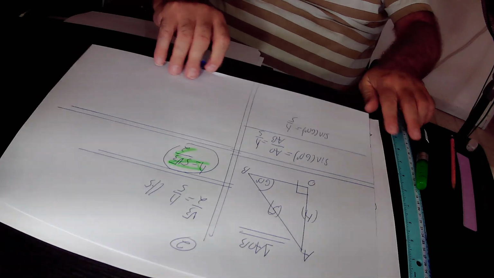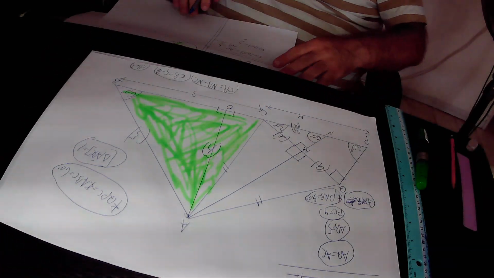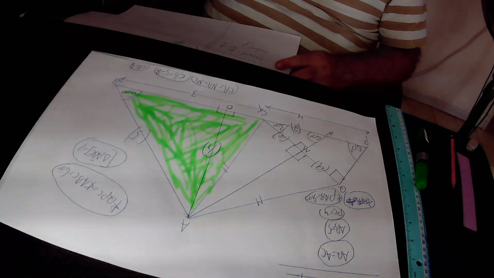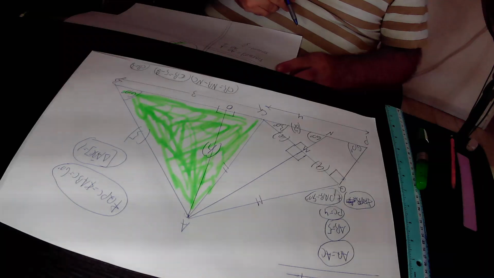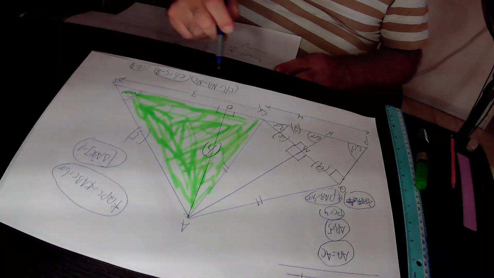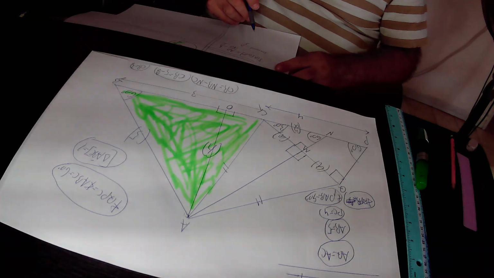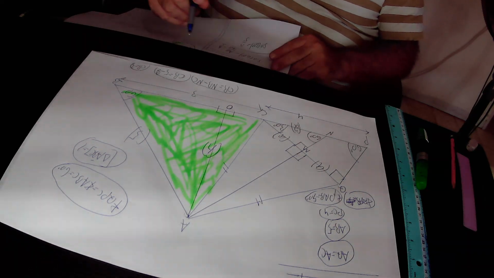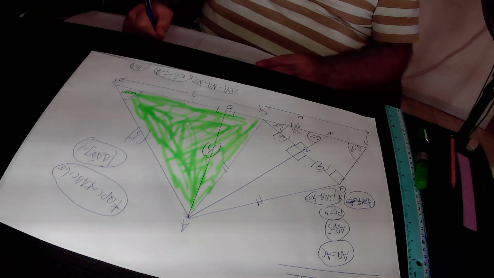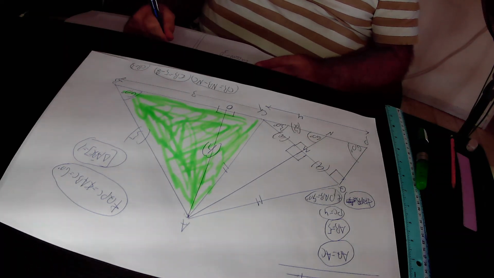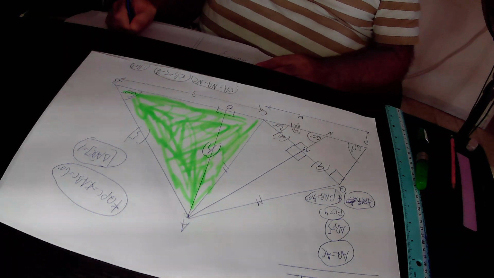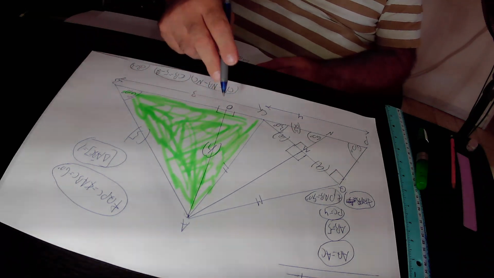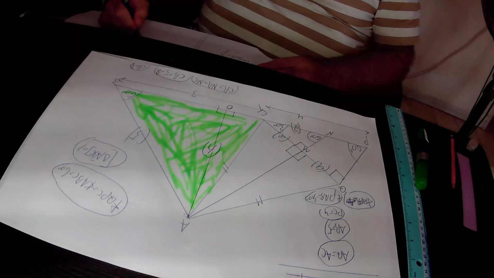Our task is to find out the area of this green triangle ABC. We will choose the base of this triangle ABC as CB, and therefore the area of this triangle ABC must be equal to the base CB times the height to the base, that is h, over 2.